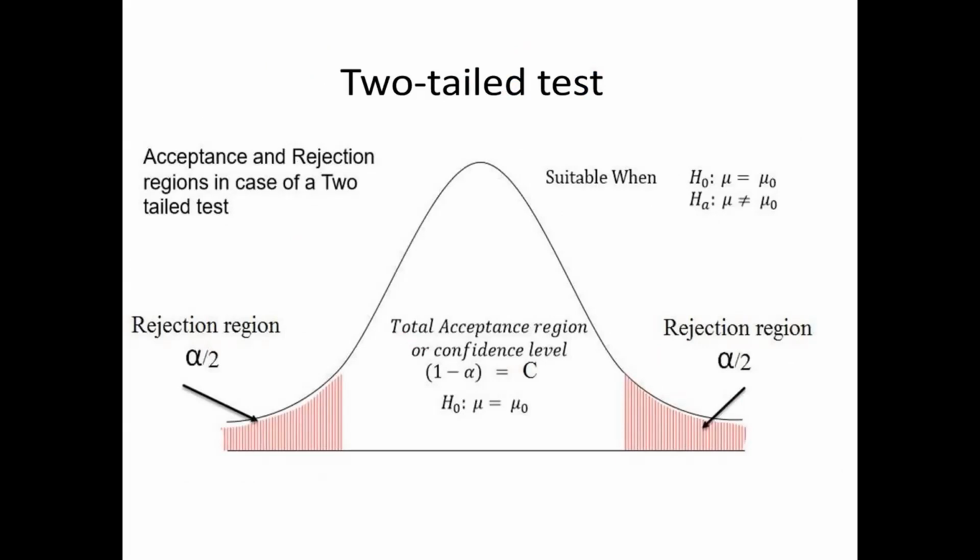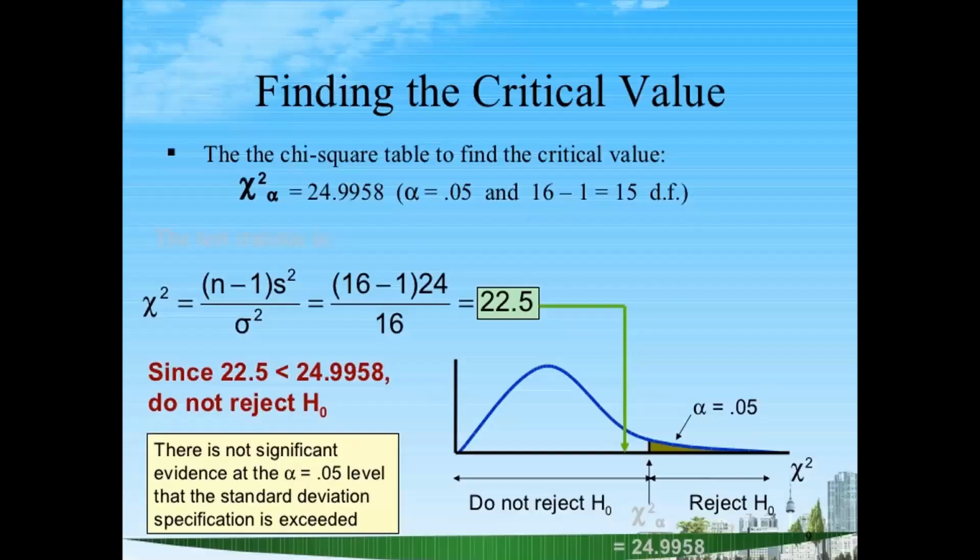The total acceptance region or confidence level is 1 minus alpha equal to C, and the rejection region is alpha by 2 in each tail.